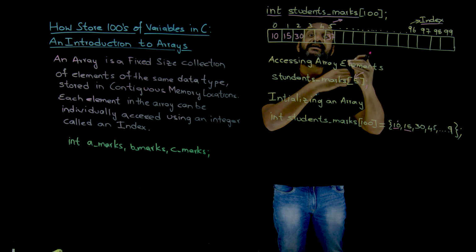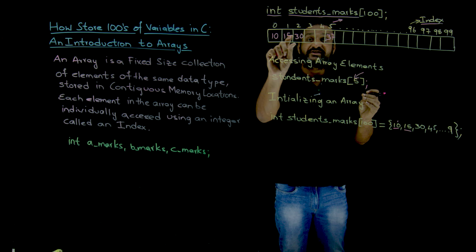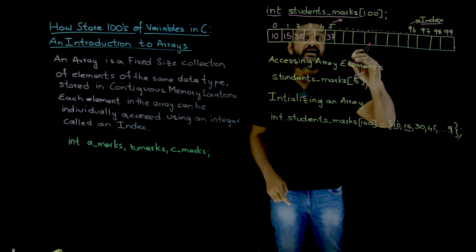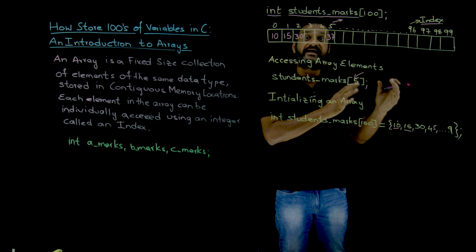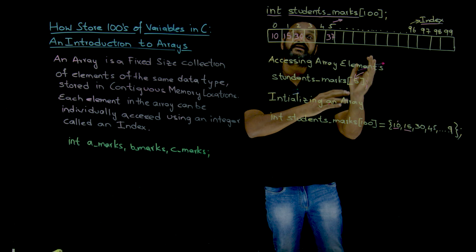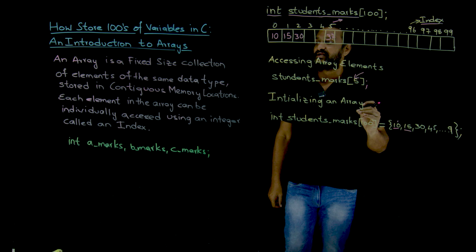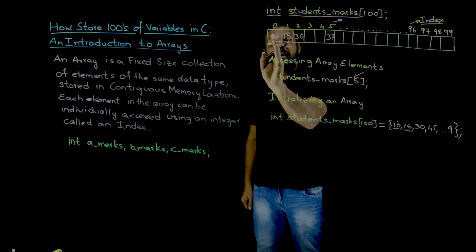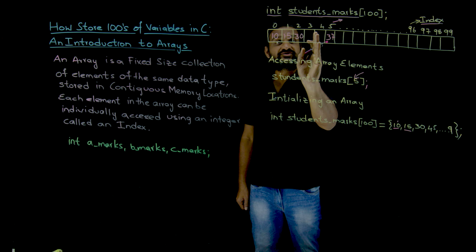This is just for a simple understanding of the visualization of memory. In our next class, we will understand in detail how these elements will get stored on the memory in reality. At this point of time, this is how the values of the array will continuously get stored on the memory.